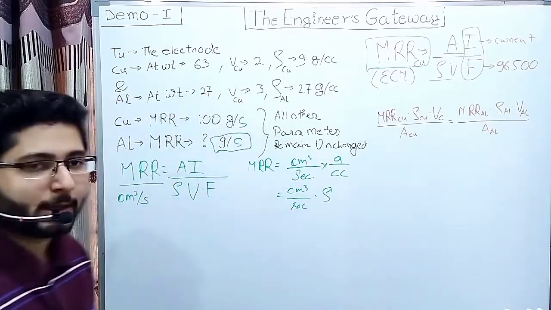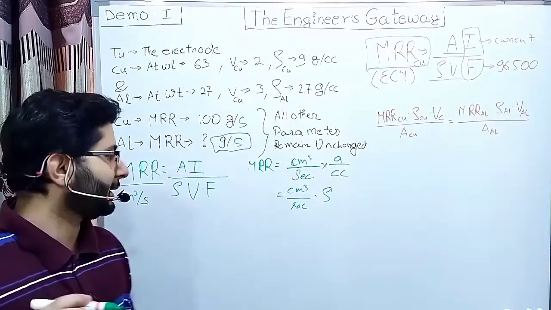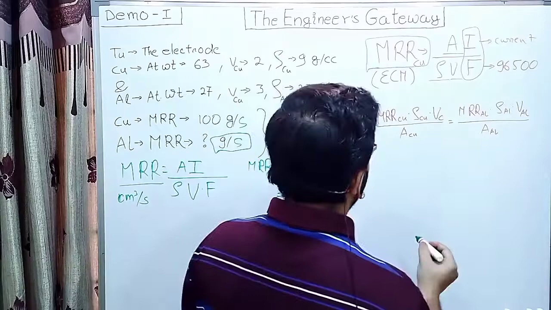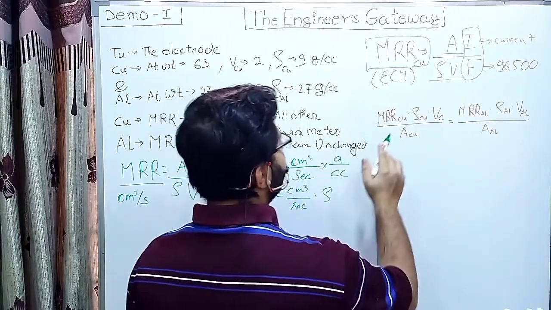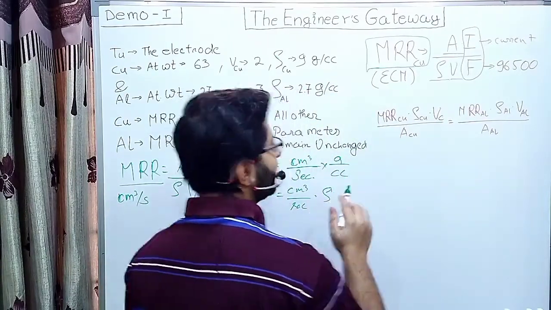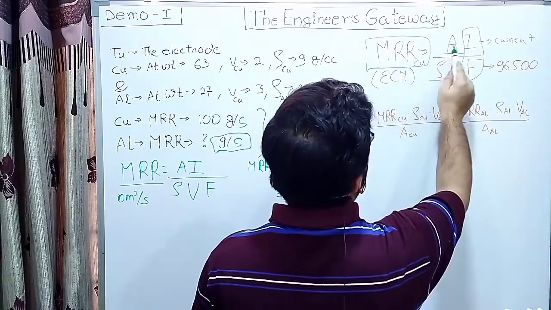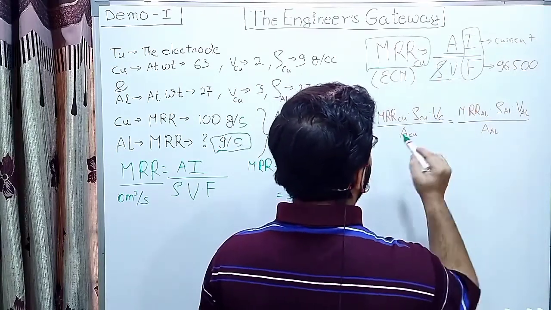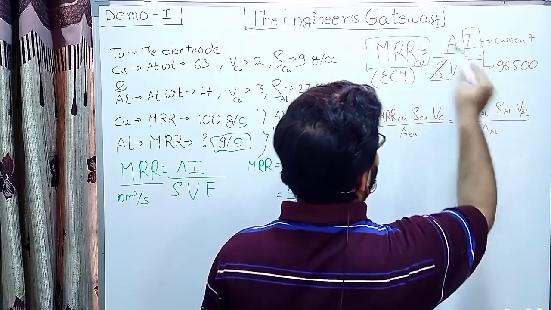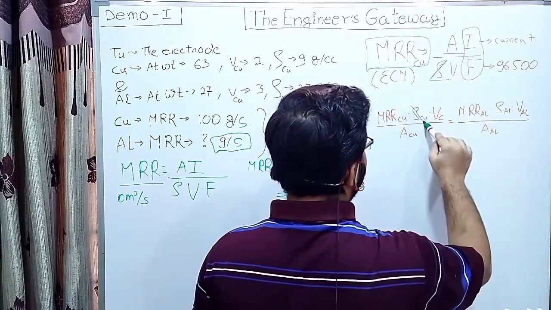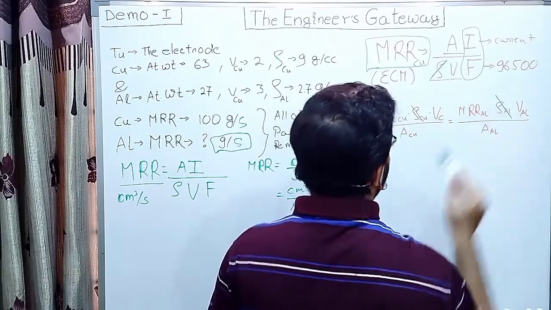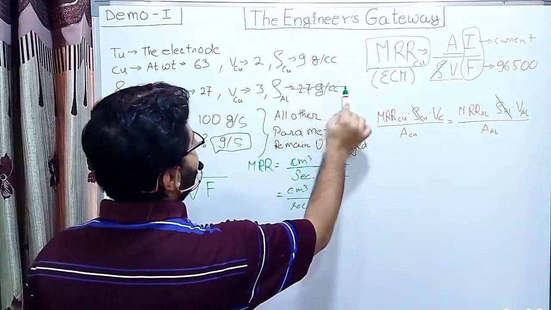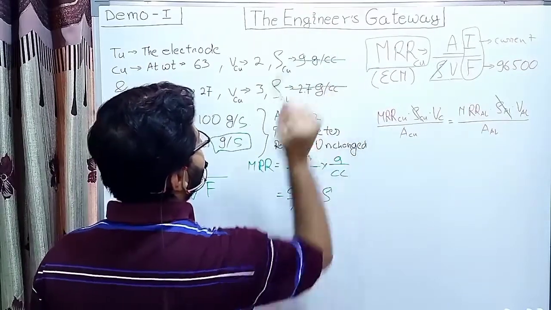So when we multiply MRR by rho, this rho will get eliminated. So in this particular case, while we are equating I by F as a constant, we do not need these two, and so this data becomes extra data.